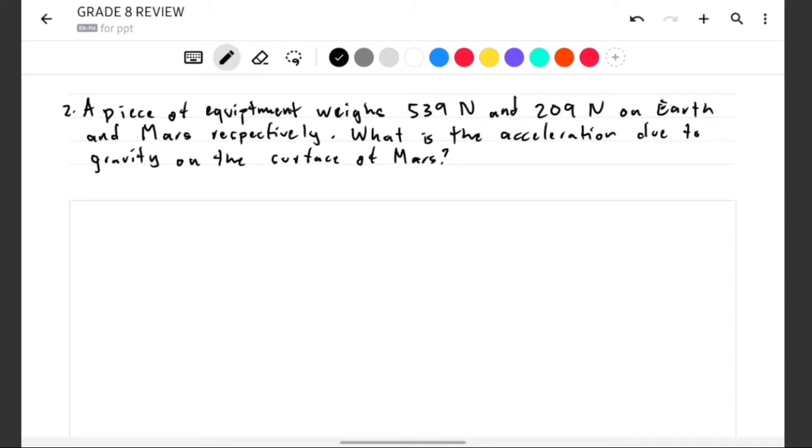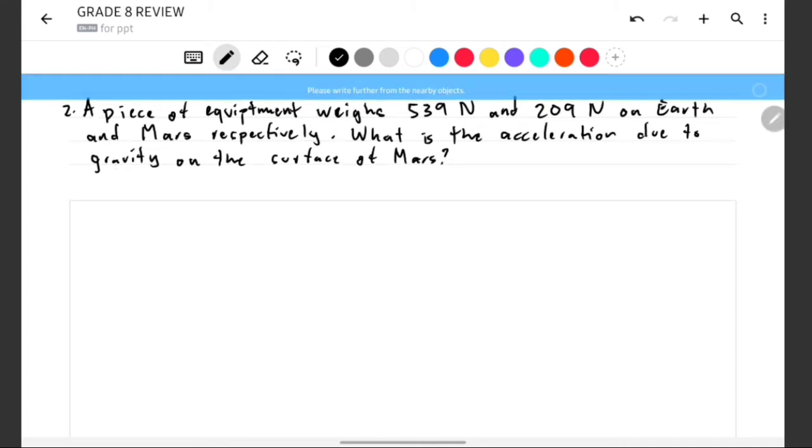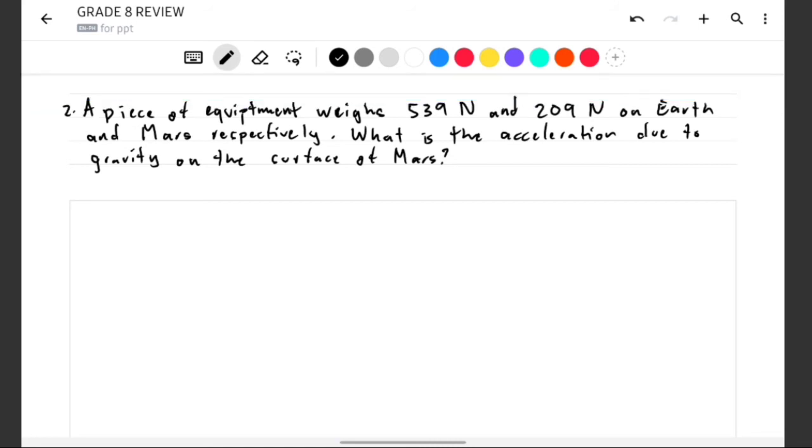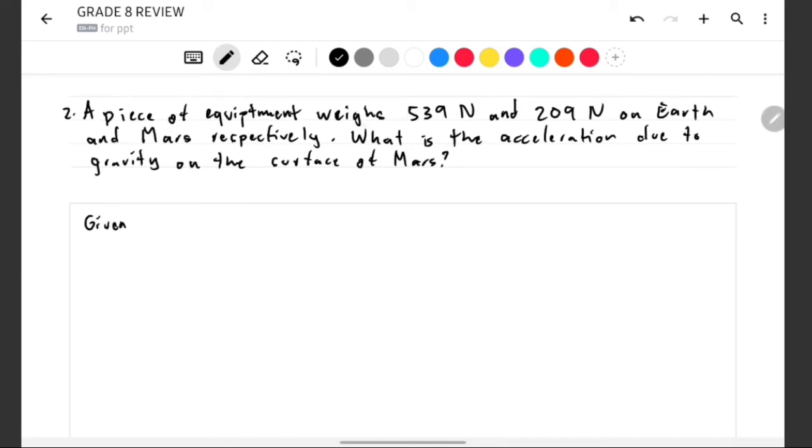So, ngayon, ang hinahanap natin is yung gravity or yung acceleration due to gravity sa planet Mars. So, ano yung drill natin? Kailangan muna enumerate natin yung given. Yung forces natin or yung weight, which are weight on Earth is equal to 539 newtons and weight on Mars is equal to 209 newtons.